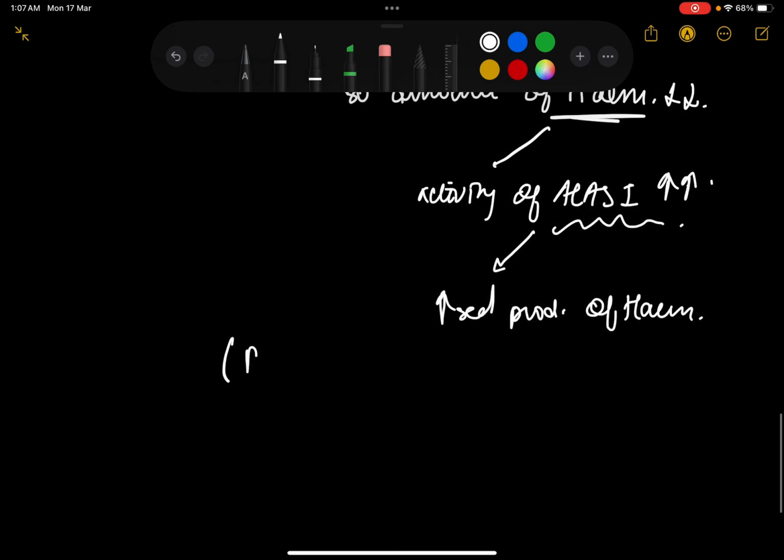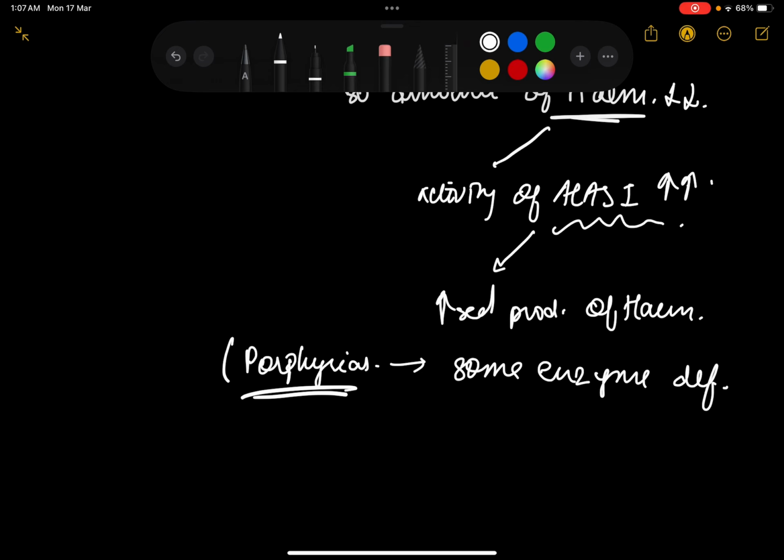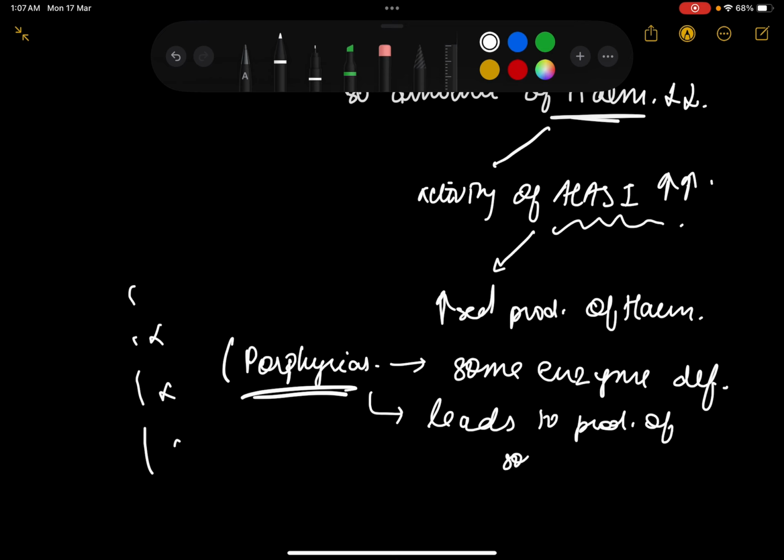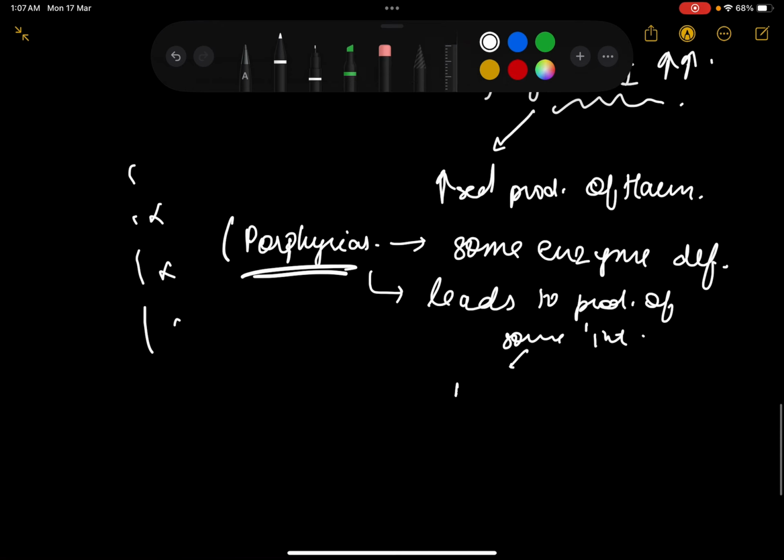Now, what is the problem that we have in porphyria is that there is some enzyme deficiency at any one of the steps of heme synthesis. So it leads to production of some intermediates, and these intermediates are called porphyrins, and excessive production of these porphyrins leads to porphyria.